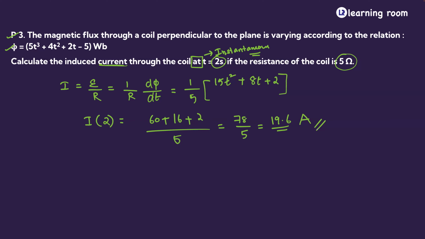Wait, it is 78 by 5. 80 by 5 is 16. Oh, sorry. I took 100 by 5 in mind and I was calculating. Anyways, correction. This is going to be 78 divided by 5, which is 15.6 ampere. Am I right?